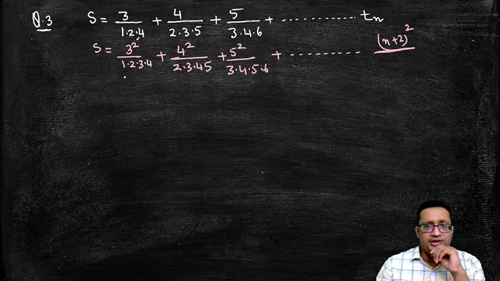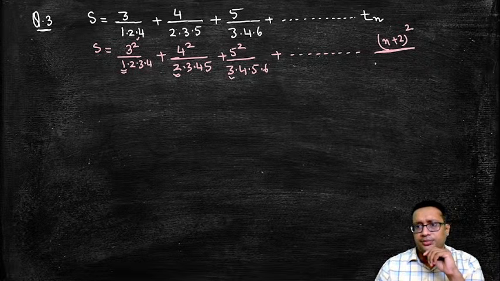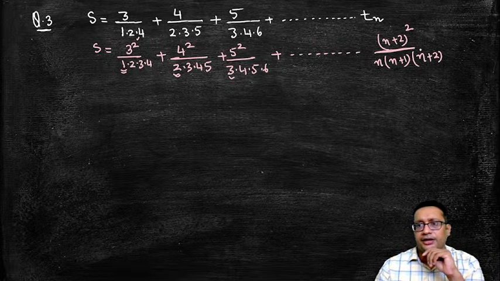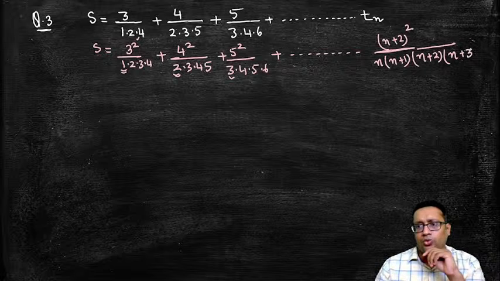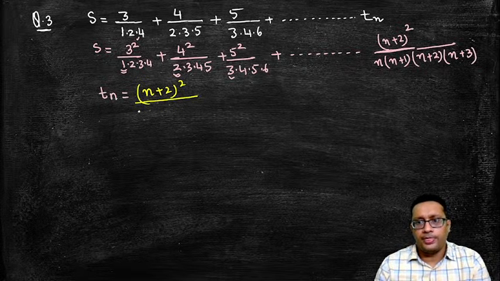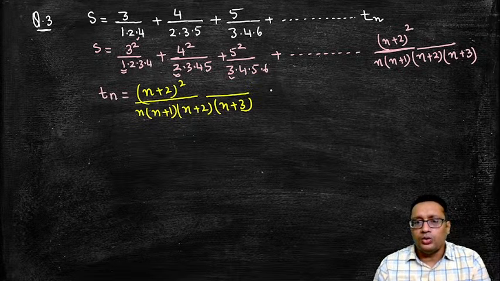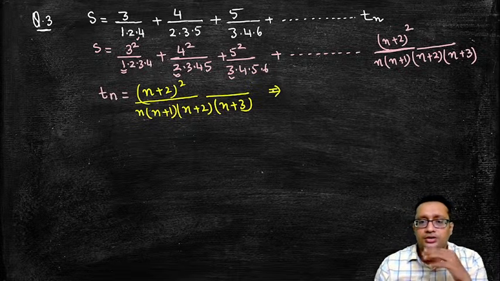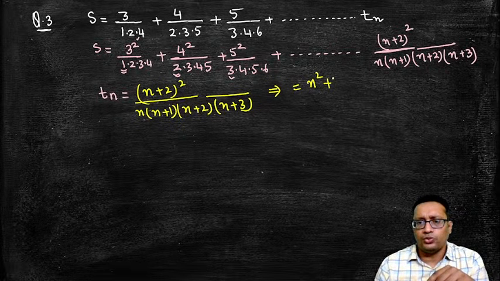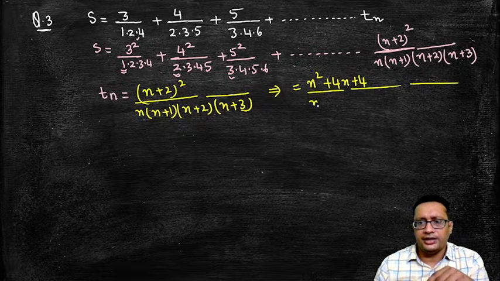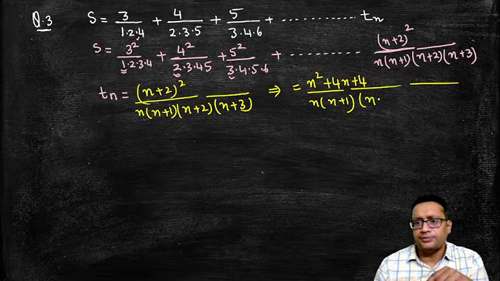Divide by, see here, in each product the first factor is 1, 2, 3, so the denominator becomes n into (n+1)(n+2)(n+3). Now I can write this nth term, and if I break it, this becomes n square plus 4n plus 4, divided by n(n+1)(n+2)(n+3).